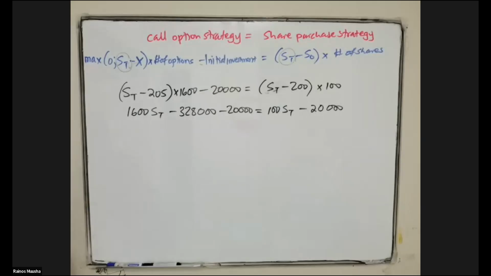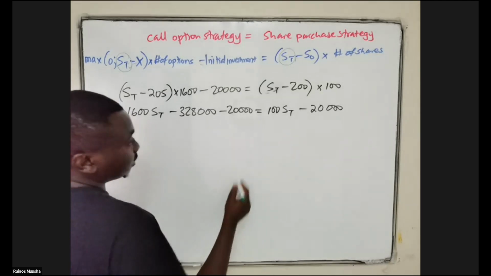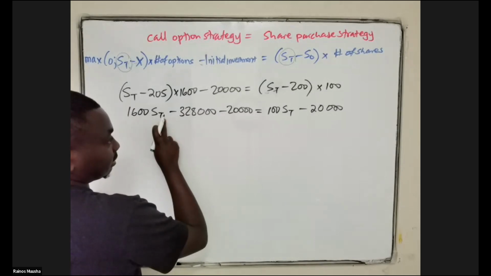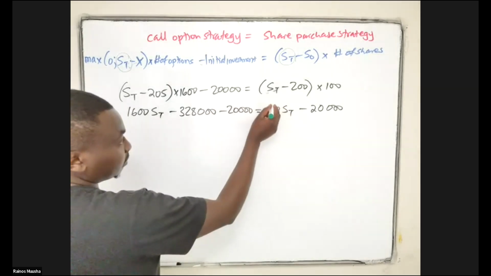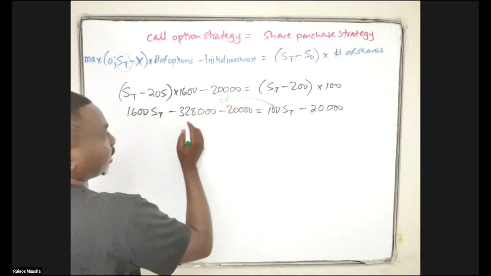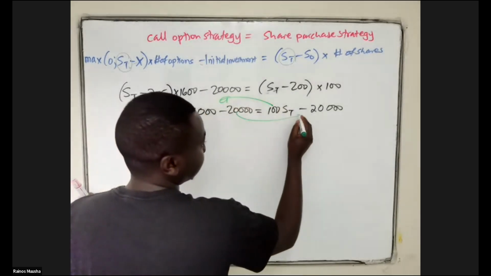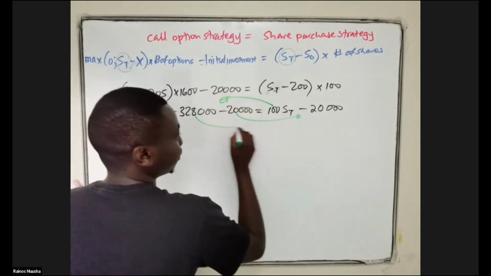So you'll be able to get a figure of 20,000, right? Now you need to group like terms together. And our ultimate aim is to solve for a positive what? ST, isn't it? So to solve for a positive value of ST, 1,600 is greater than 100 on the other side. So rather bring 100 this side, and then take the 20,000, bring it this side, take the 328,000 and bring it that side.